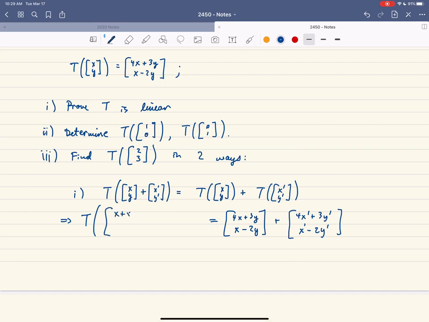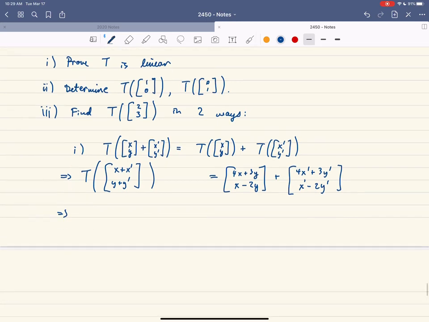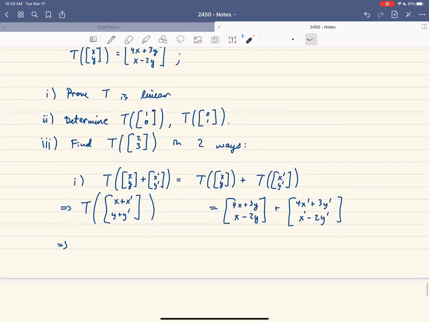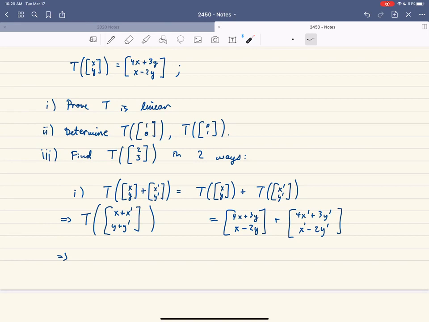This is (x plus x', y plus y'). And so what we need to think about is where x plus x' and y plus y' get put into our transformation. If I replace the top value with x plus x', our output is going to be 4 times the top value plus 3 times the bottom value.